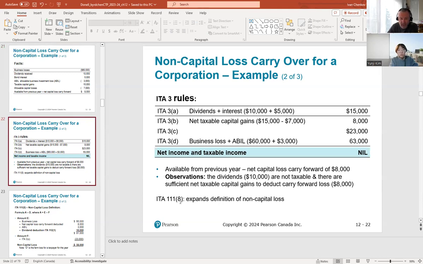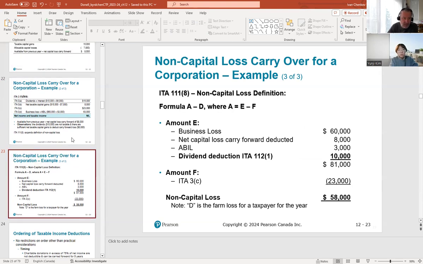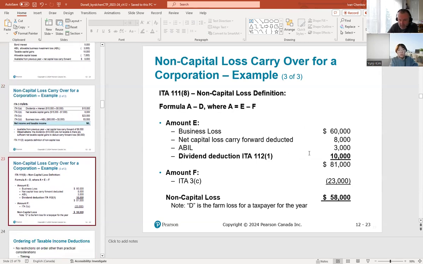This is the $8,000. So what's going to happen here? The formula: 60,000 business loss. We're adding the net capital loss carry forward of 8,000. We're adding this allowable business investment loss 3,000, and we're deducting the dividend.